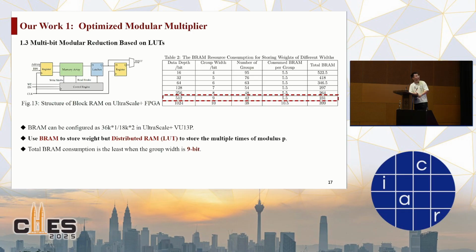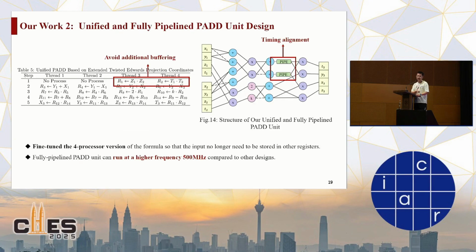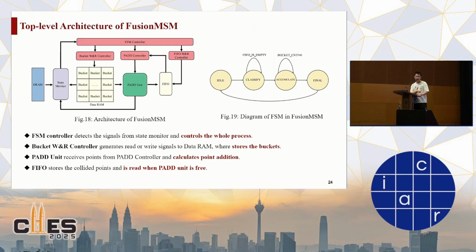And the overall frequency is limited by the control unit, because the Pippenger algorithm contains three main phases, and the architecture here, the data RAM and the FIFO, will affect the overall system's frequency.